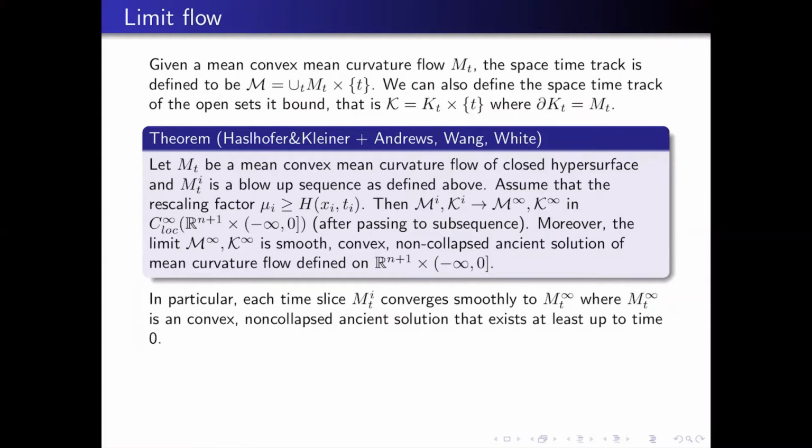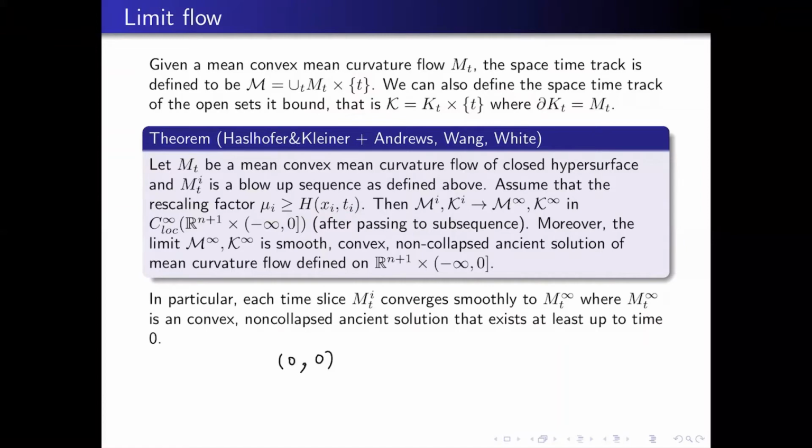This theorem is quite remarkable because this rescaling really just poses a condition that the mean curvature is at most 1 at a single point, which in this case is just (0,0), because this space-time point will be mapped to (0,0) under the rescaling.